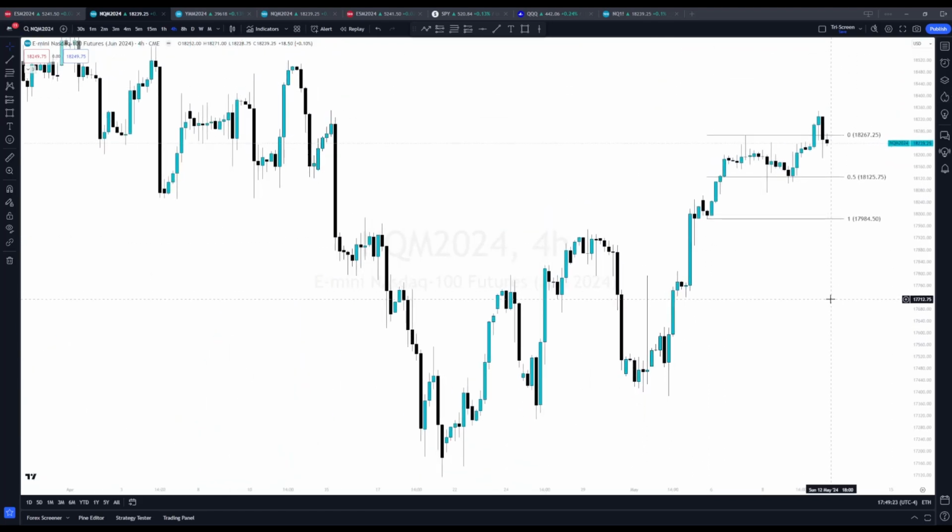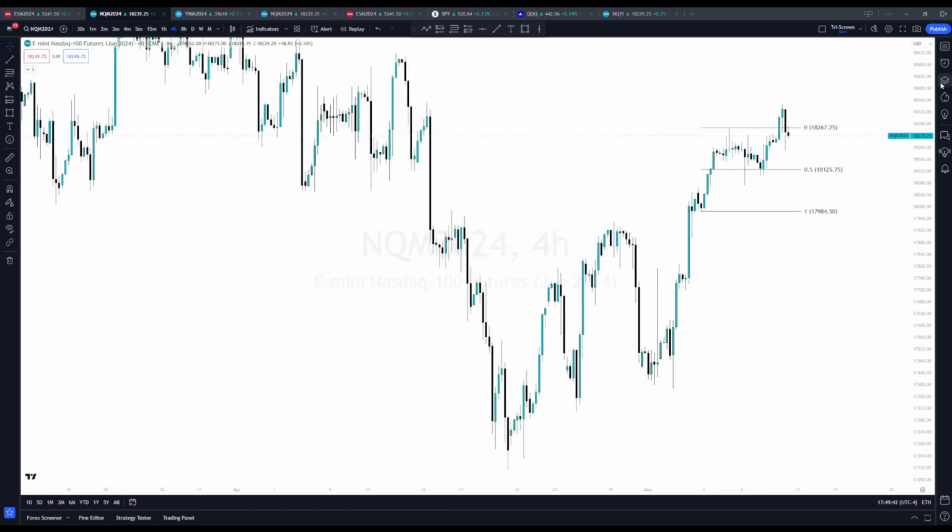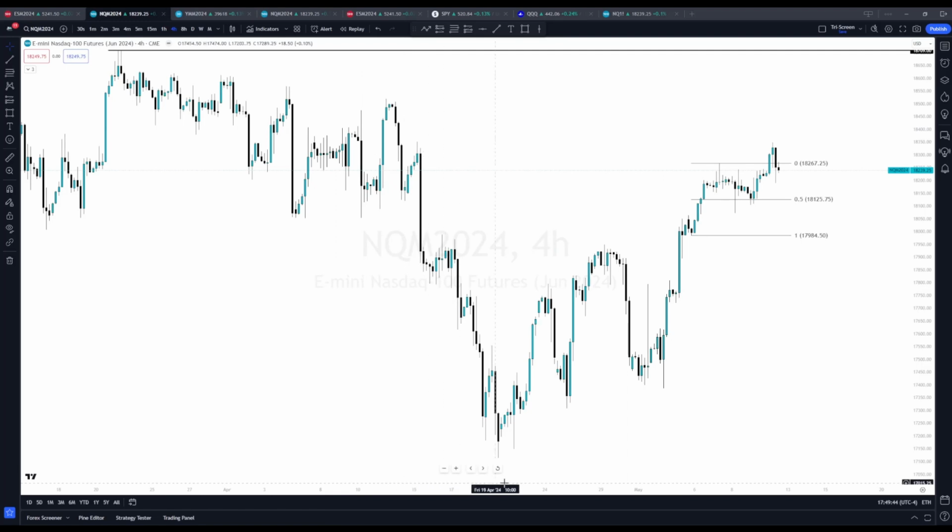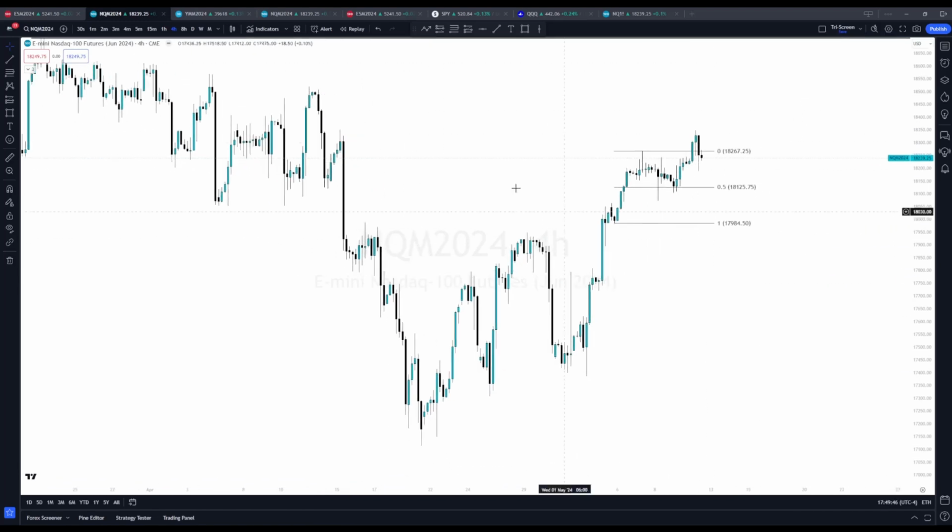Whenever we're in some kind of higher time frame buy model, your entries are always going to be, if you can find an entry, a 50% dip on the 5 or even the 1 minute. That's where you want to start looking for your entries, especially in a case like this where you have a perfect sell model and a buy model.